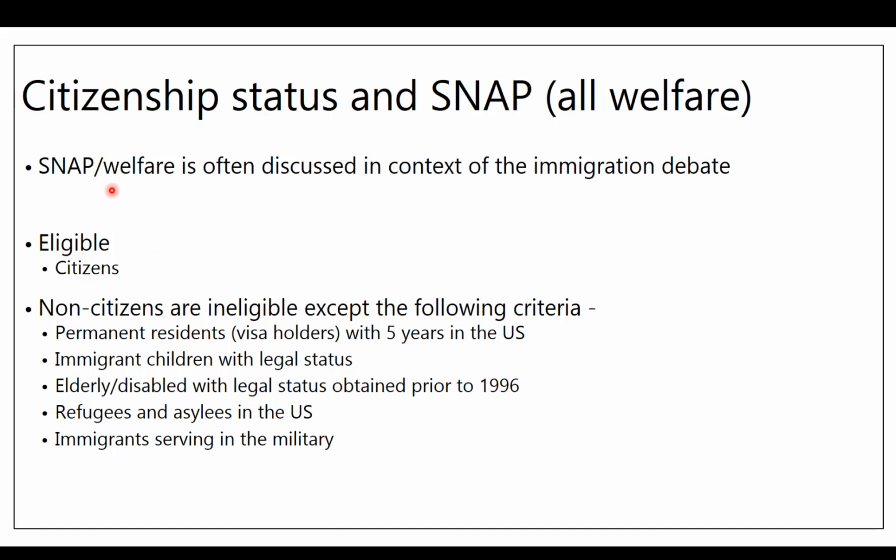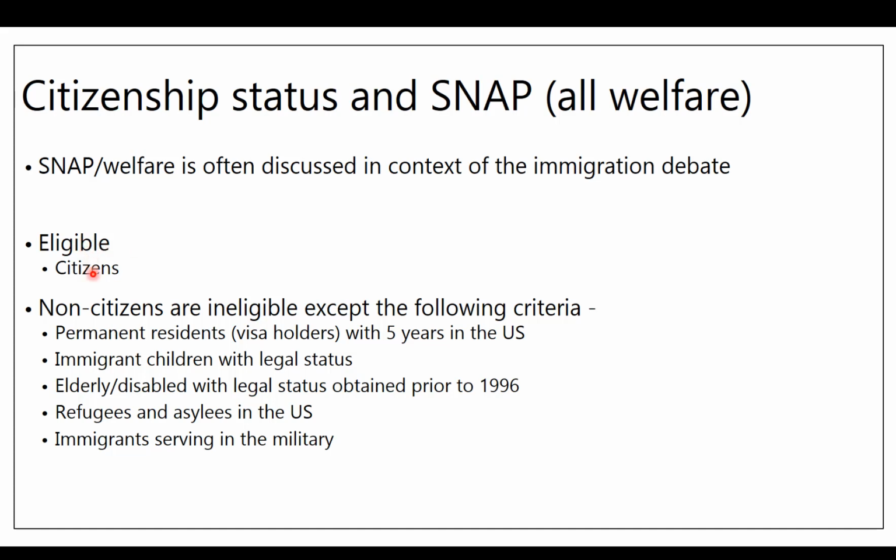Well, typically, other than public schooling and public parks and the other things that you get access to, welfare and income assistance programs and SNAP are not open to undocumented immigrants to the U.S.